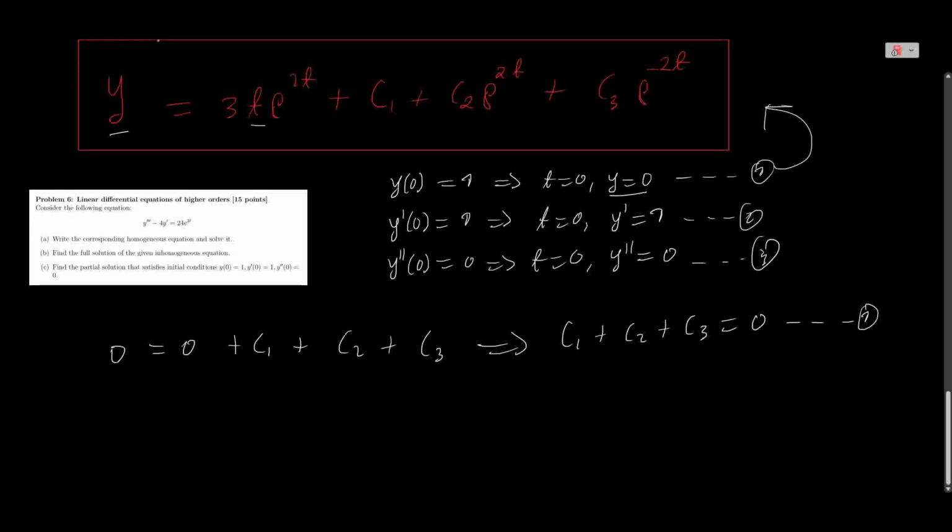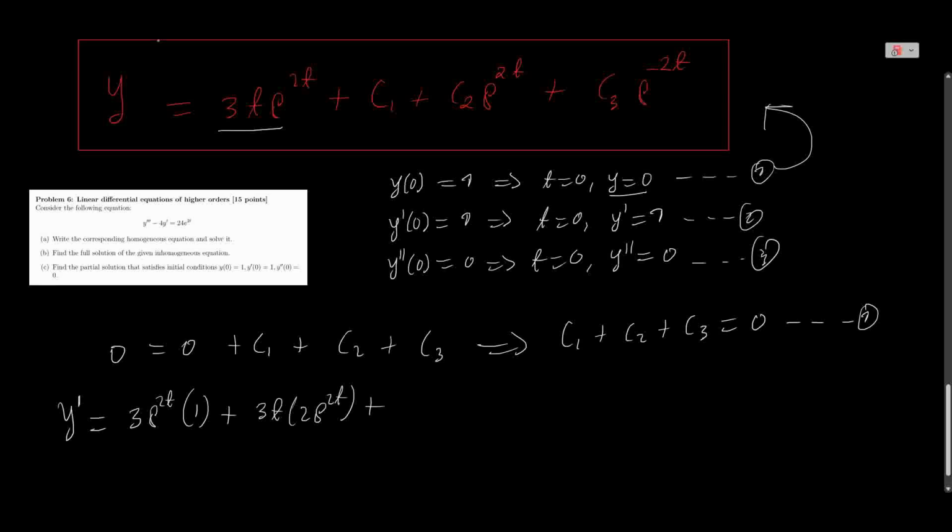The second condition says that y prime of 0 is 1, which means at t equals 0, y prime is 1. So we're going to look for the first derivative of our general solution. The derivative there is a product, so it will be 3 e raised to the power 2t, differentiating t with respect to t gives 1, plus we keep 3t constant and differentiate e raised to the power 2t, giving 2 e raised to the power 2t.